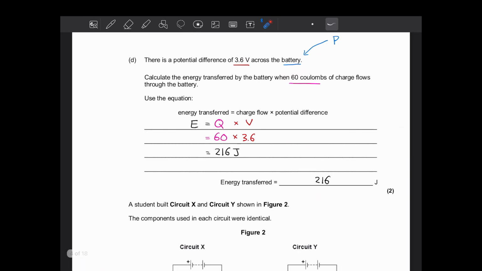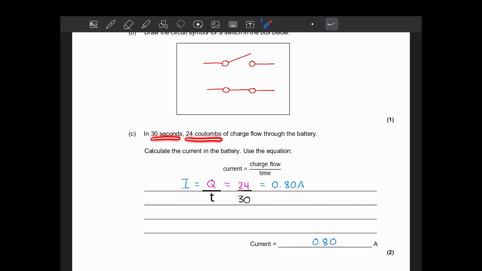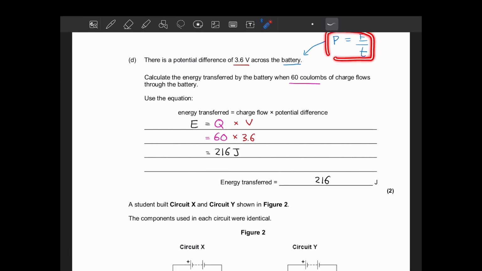Going back over here, if I tried using power equals energy over time, well, I've got an energy transfer of 216 joules. We've just calculated that, but we don't actually know how long it took to transfer that 60 coulombs. We knew that 24 coulombs would transfer in 30 seconds, so we could work it out that way, but it's a bit complicated. It's probably easier then, instead of doing power equals energy over time, to use P equals V multiplied by I, where V of course is potential difference and I is current.